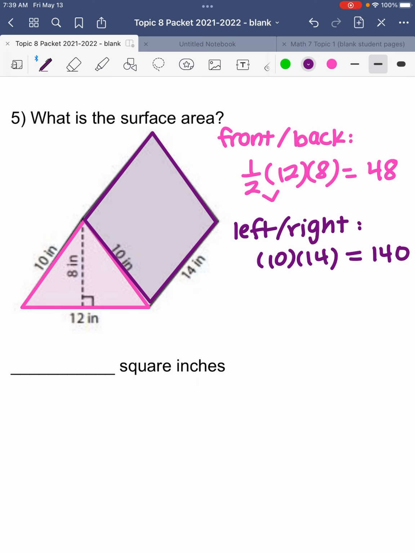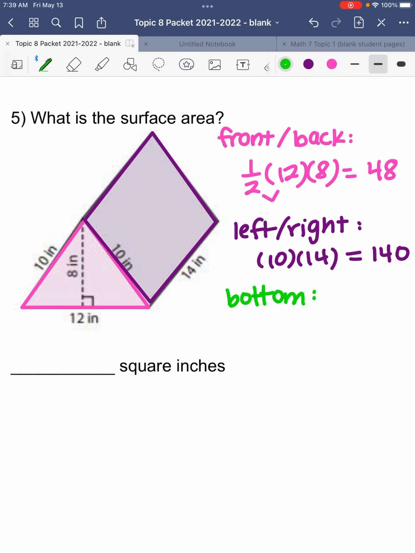Okay, now I'm going to have a bottom. So it's hard to see in this picture, but there is a bottom to this figure. So if I were to look at this right here, it makes a rectangle, right? So what are the side lengths of that rectangle? Well, 14 by 12, right? So, the bottom, there's only one bottom.